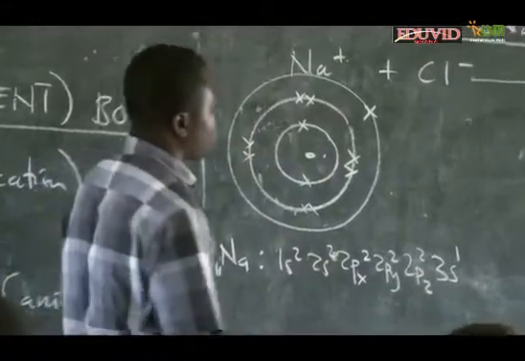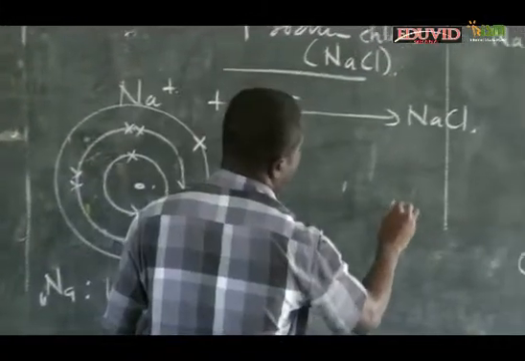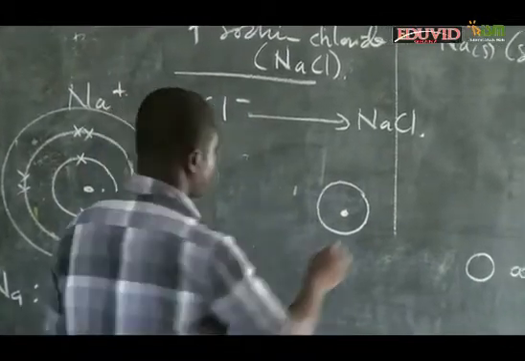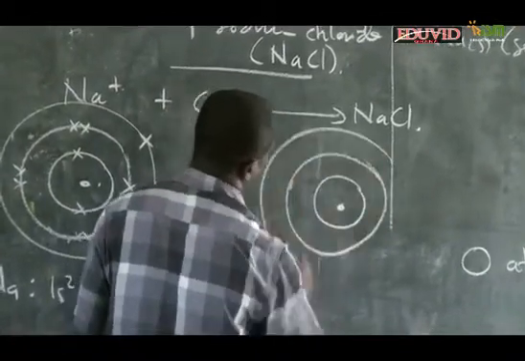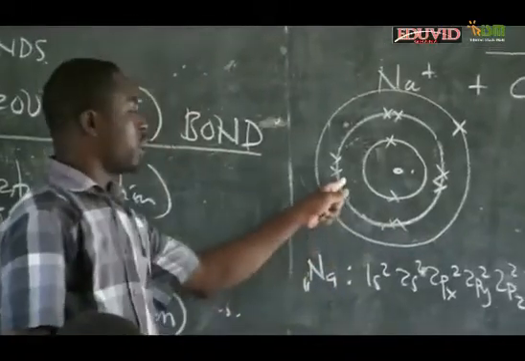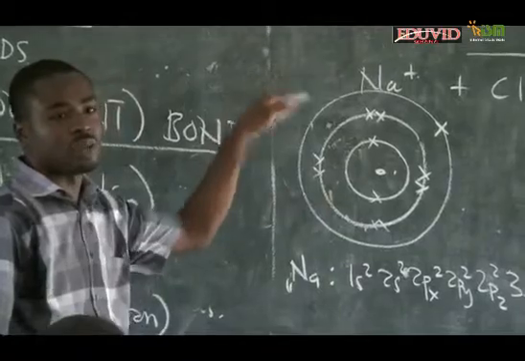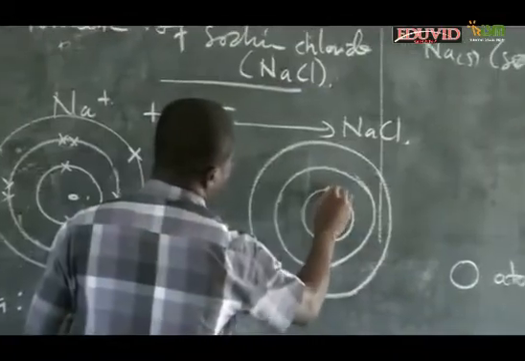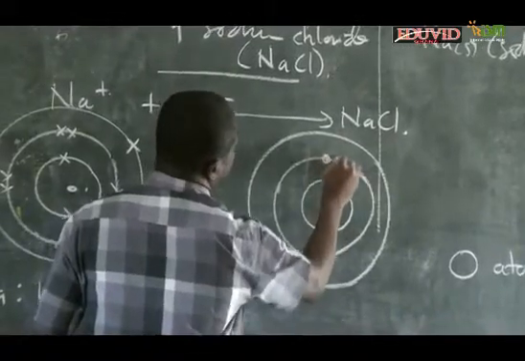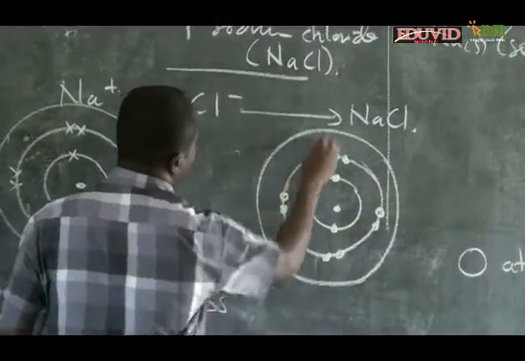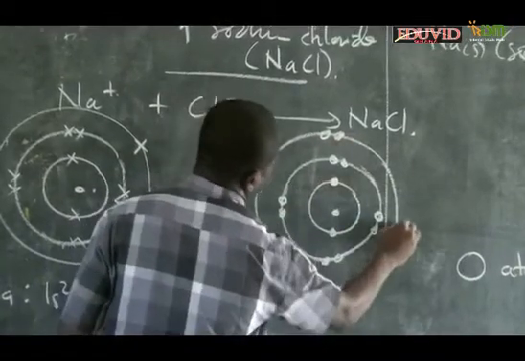Then for chlorine, it's also a period 3 element, so we expect 3 shells. Because the two atoms are not the same, if you use crosses for electrons in this atom, you can use bullets for electrons in the other atom. So the first shell takes 2, the second shell takes 8, and the third shell takes 7.